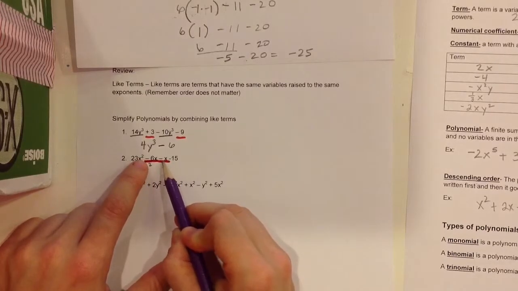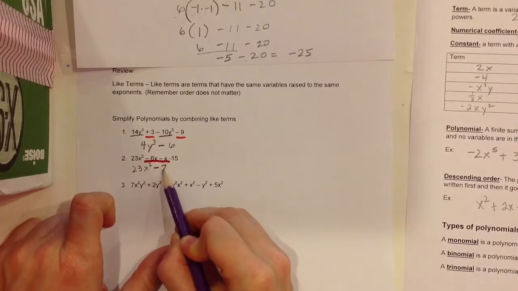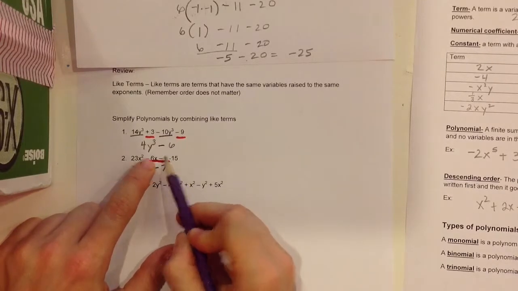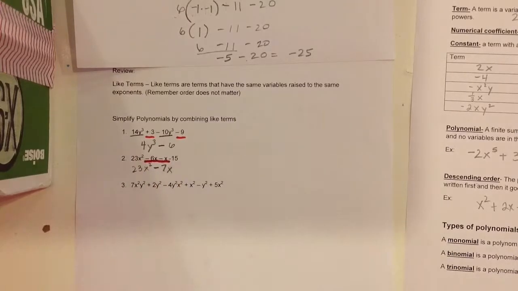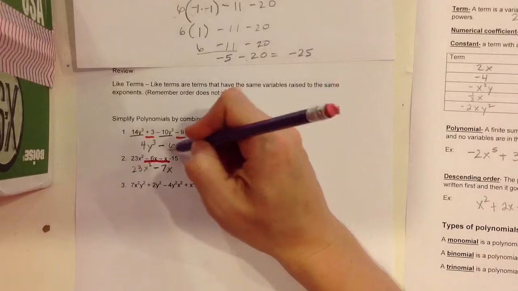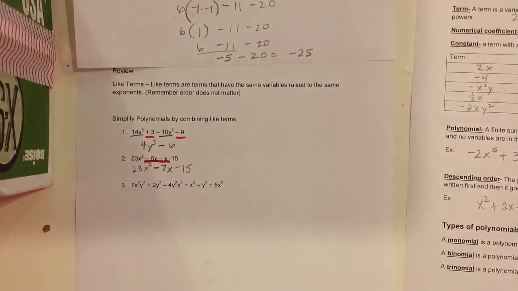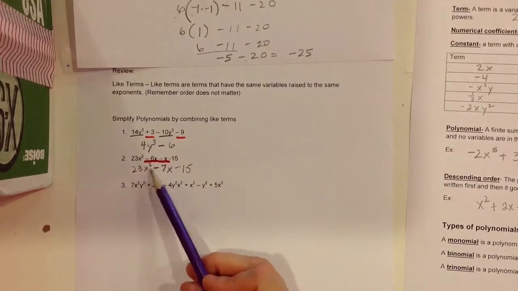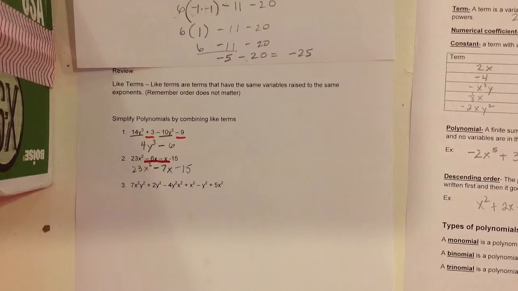I have the same sign, so I'm going to add and keep the sign. So it's going to be a negative 7. 6 plus 1 is 7, and I kept the sign negative. Bring down your x. Now notice that I don't have any other numbers, so that minus 15 is just going to come into my answer. So 23x squared minus 7x minus 15 is in simplest form because I do not have any more like terms.